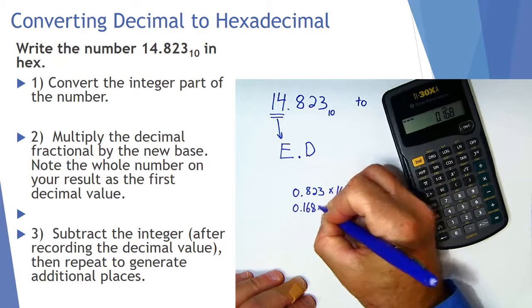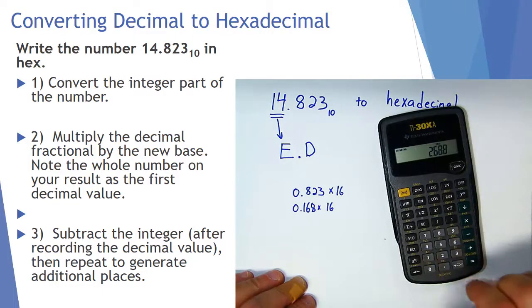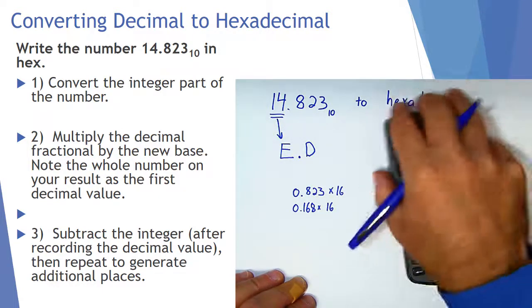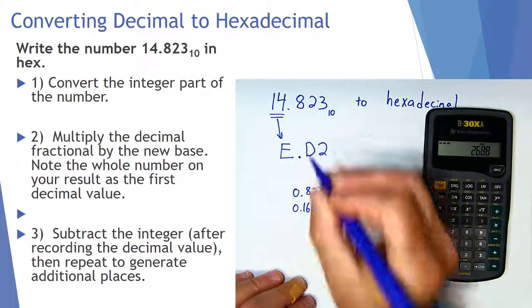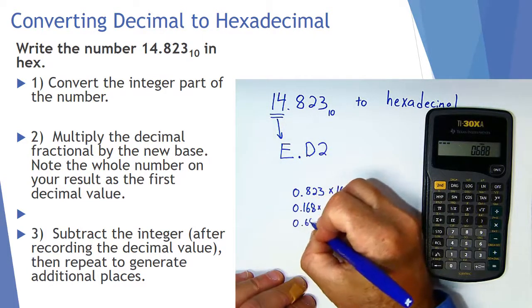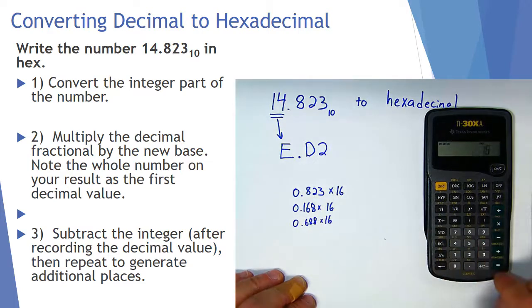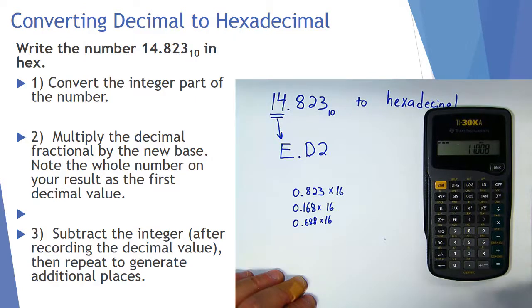I'm writing this down, but you certainly wouldn't have to. Now we're going to multiply that by 16, and we get a 2.688. 2 is our next digit. We're going to subtract that off, and we have 0.688. We're going to multiply that by 16, 11.008. Well, we know what 11 is, right?